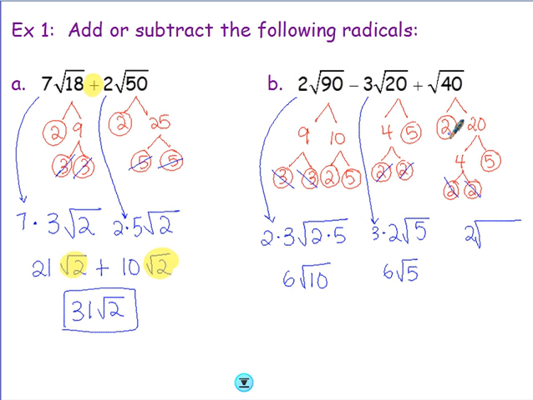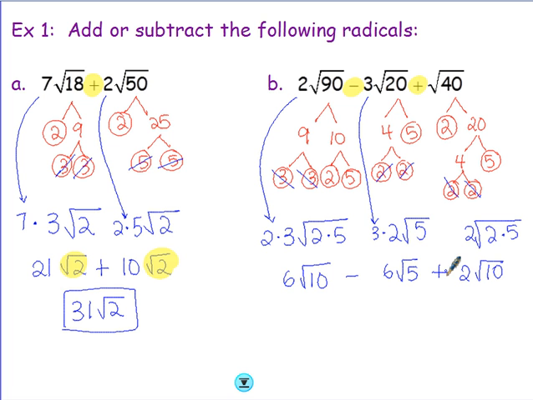The other 2 and the 5 stay inside, and there is no number to bring down in front, so we're going to go ahead and multiply, and we get 2 square root of 10. I'm then going to look at this minus and this plus. So I need to bring down the minus and bring down the plus. There is our simplified radicals.